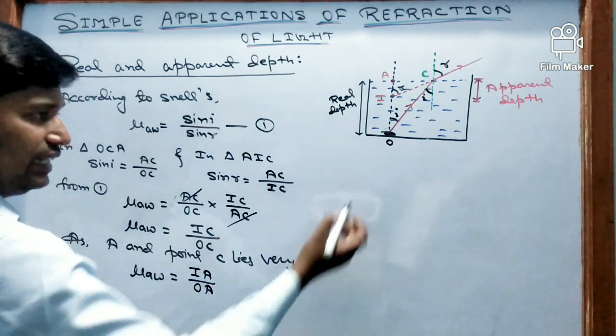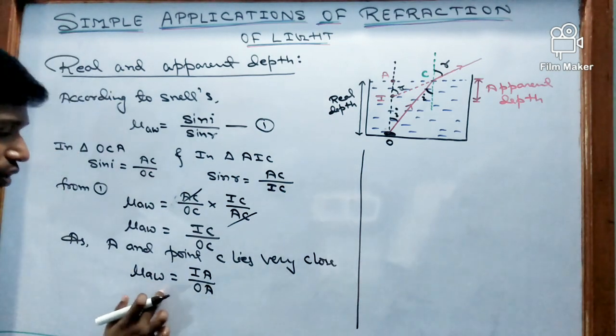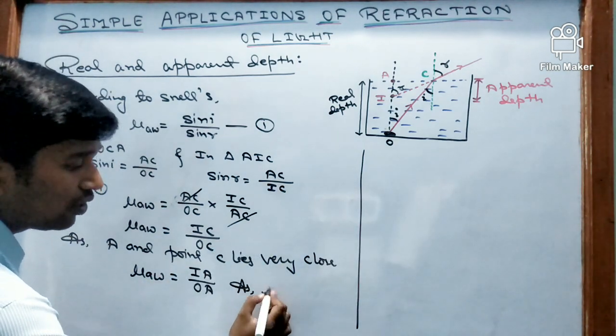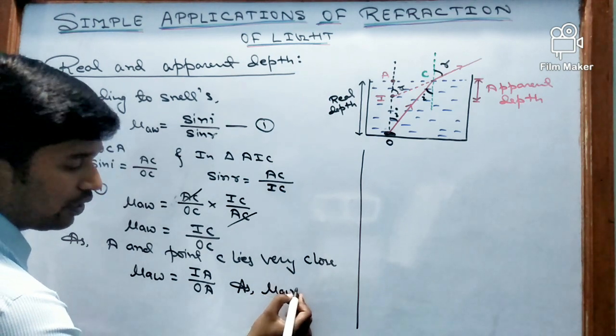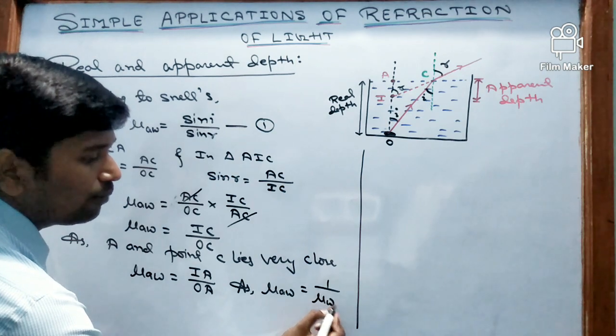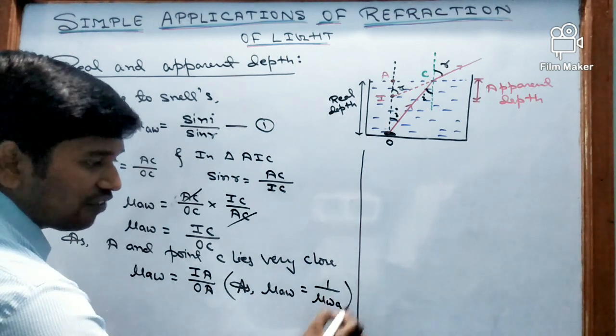We also know that mu AW is equal to 1 by mu WA, from the principle of reversibility.